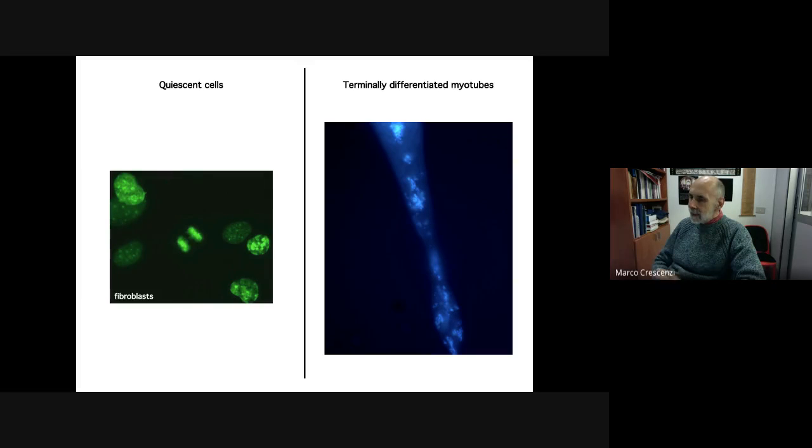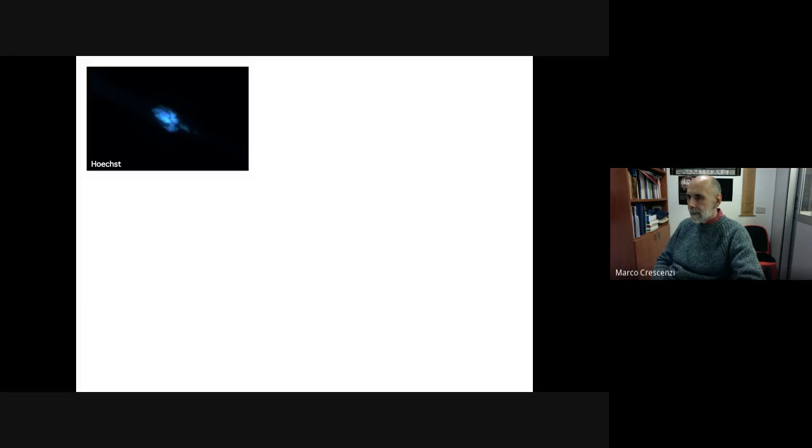So again, the difference was in the cell type. The myotubes would not proliferate in the presence of the same stimuli that would make non-terminally differentiated cells proliferate. And the reason was, as I've said, that they cannot complete DNA replication. This is one way to show it.